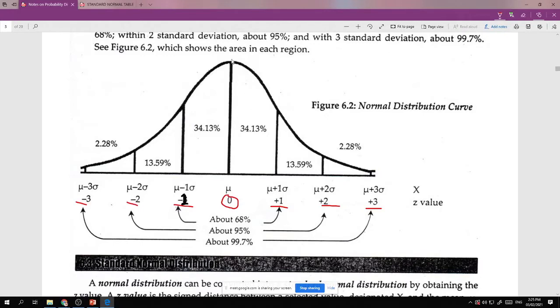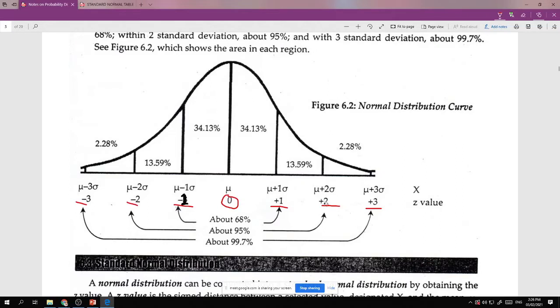Okay? So this is 0. From 0 to positive 1, this is simply 34.13%. Then from 1 to 2, that is 13.59%.